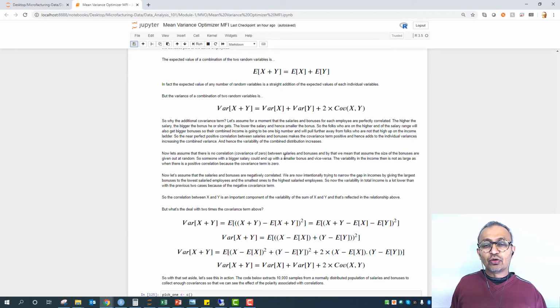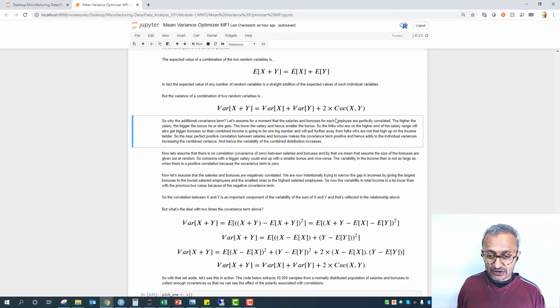When you have negative correlation, that is when you intentionally go in and give the highest paid employee the lowest bonus, and the lowest paid employee the highest bonus, okay, that means there is negative correlation between salary and bonus. You know that your distribution is going to get the tightest, and that's where you subtract the covariance term, okay. So because of the negative covariance term, you're going to have a much smaller variance.